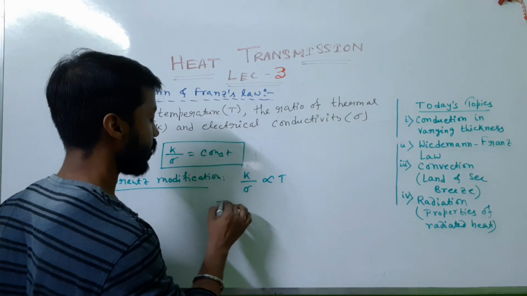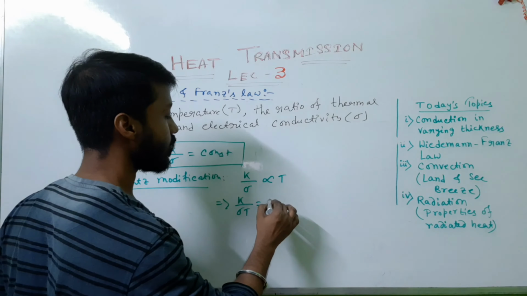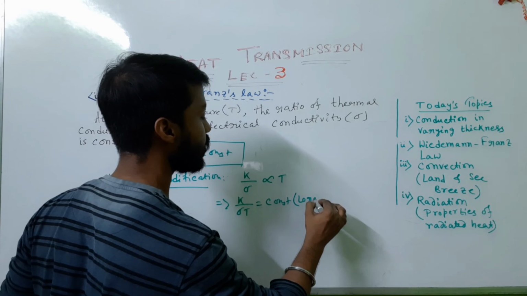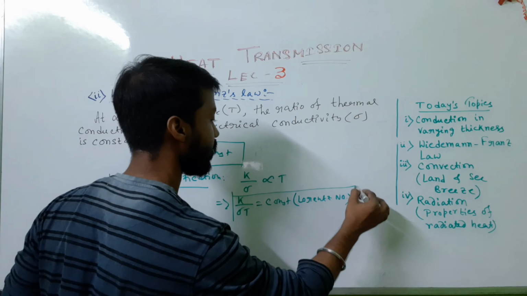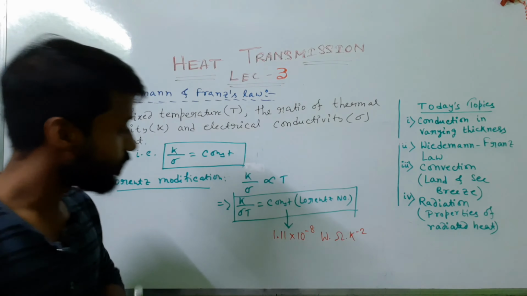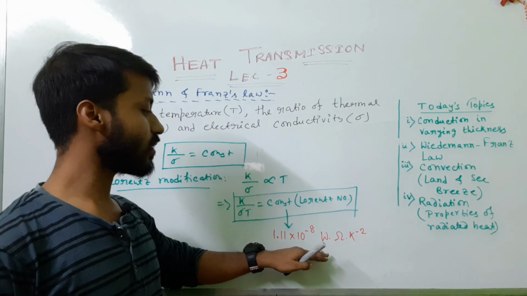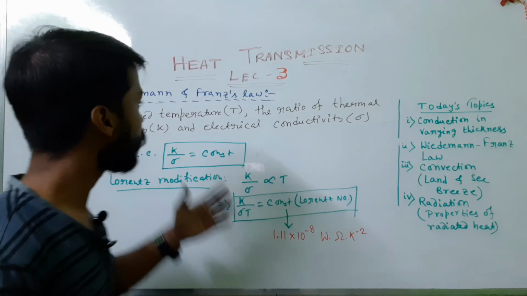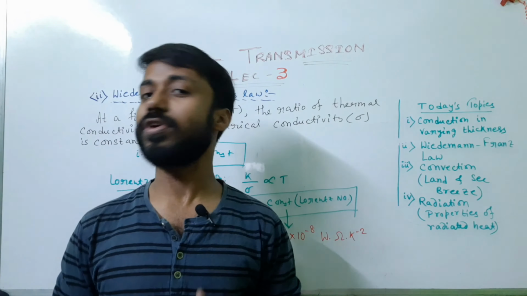That means we can say K by sigma T is a constant, and this constant is called the Lorentz number, and definitely it has a certain value. Its value is 1.11 into 10 to the power minus 8 watt ohm Kelvin to the power minus 2. So this is the Wiedemann-Franz law, the relation between thermal conductivity and electrical conductivity.